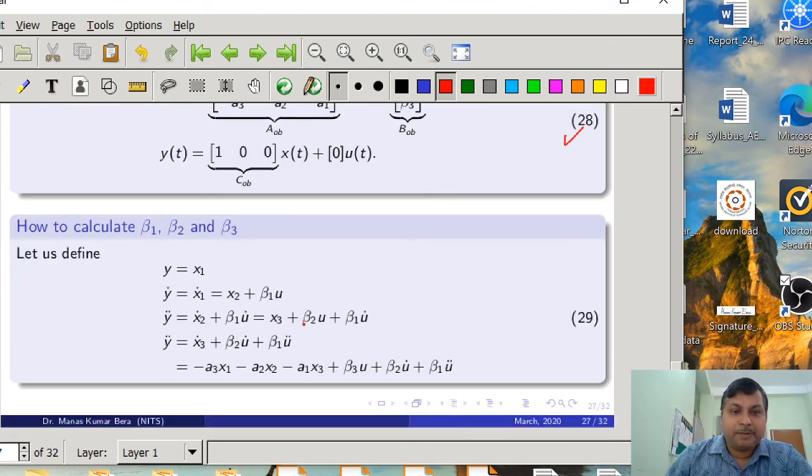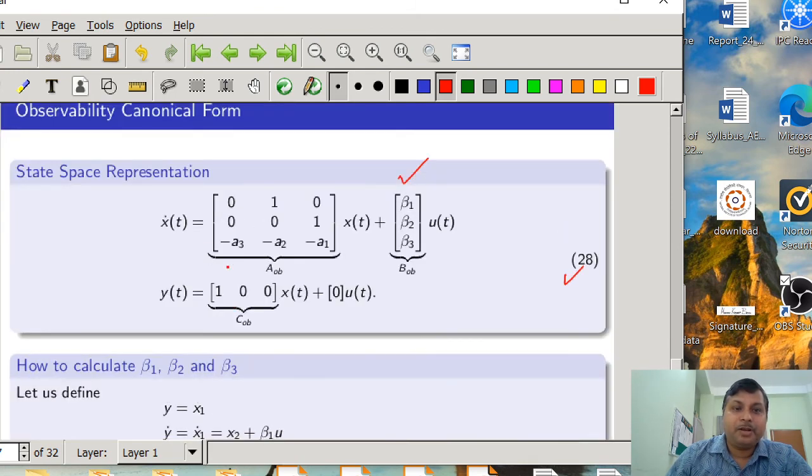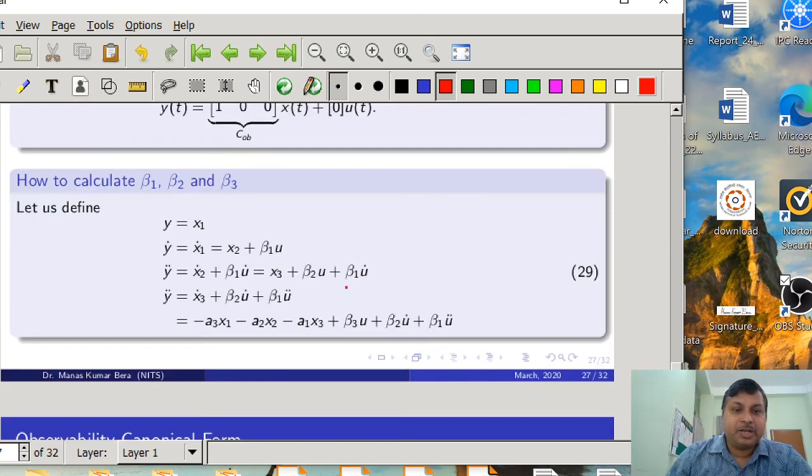So here x3 plus beta 2 into u plus beta 1 u dot. Similarly we can write y triple dot, which is x3 dot plus beta 2 into u dot plus beta 1 into u double dot, and x3 dot can be written from the state space representation, and the equation will be like this.